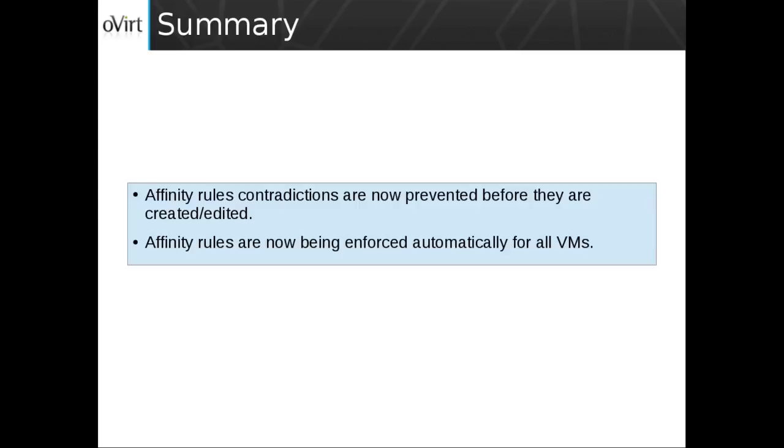This helps us to prevent affinity rules contradictions before they are created. The second thing is using the Affinity Rules Enforcement Manager: the affinity rules are now being enforced automatically for all VMs, which means also for running VMs.